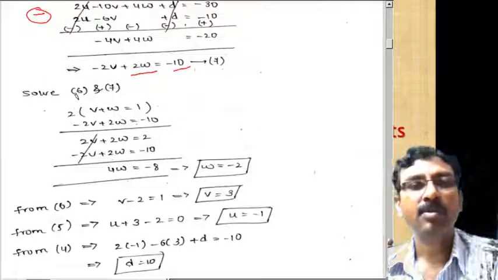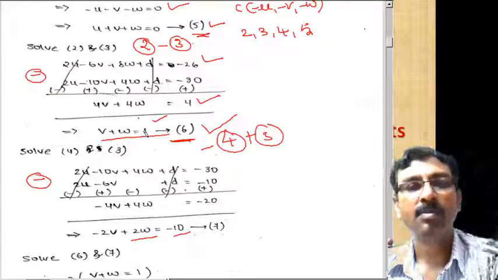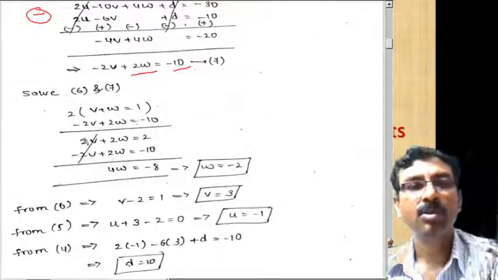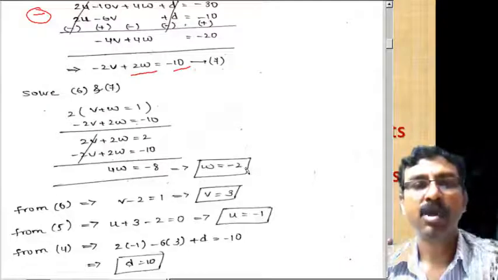Multiplying the sixth equation by 2, that is 2v plus 2w equal to 2, and taking the seventh equation as this, and adding these two equations, 2v minus 2v get cancelled, 2w plus 2w equal 4w, 2 minus 10 is minus 8, then w equal to minus 2.